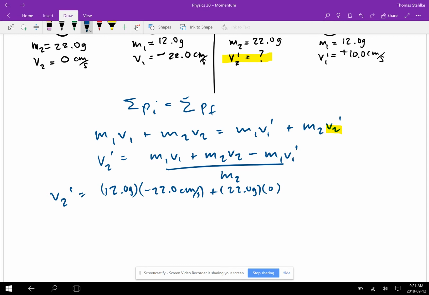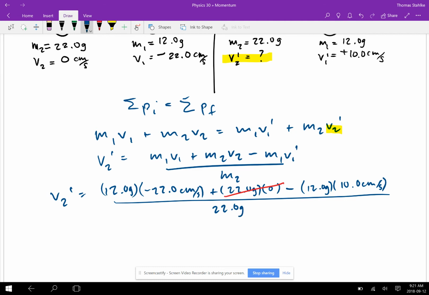Okay, that one should be the 0 velocity, and then mass 1 is 12 grams again, and this is the velocity after the collision, which is 10 centimeters per second. So I can see here that this term just cancels out. And then I divide it by mass 2, which is 22 grams.